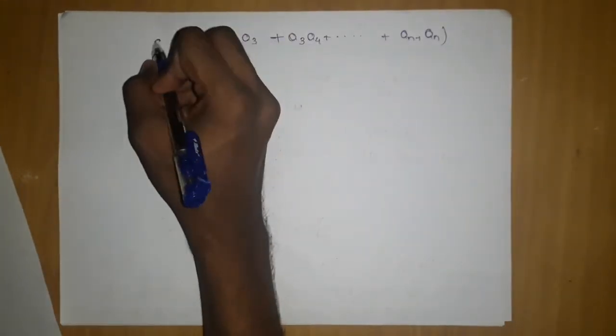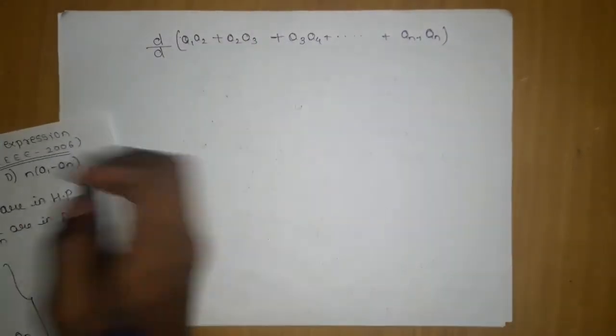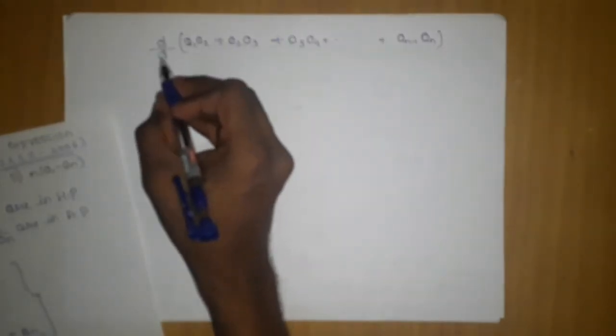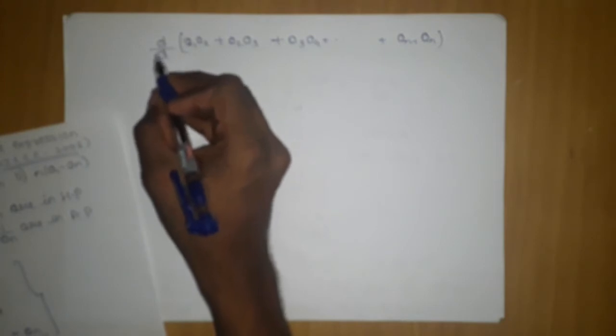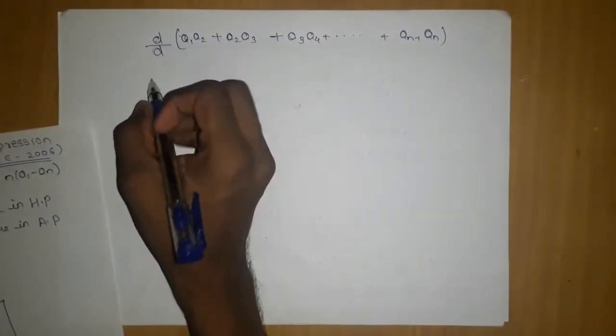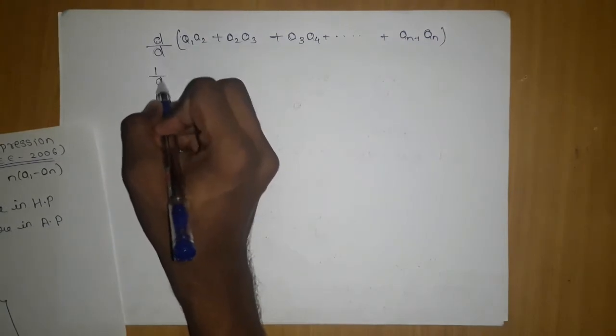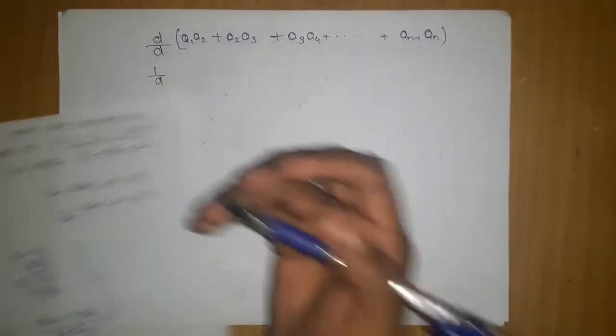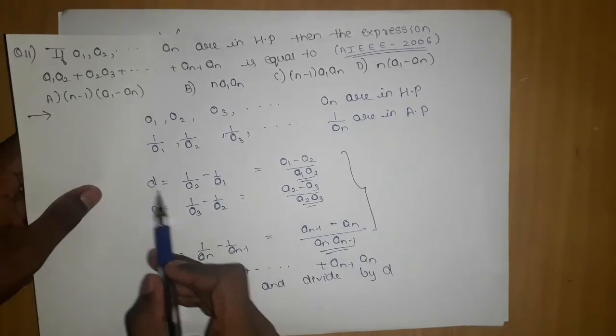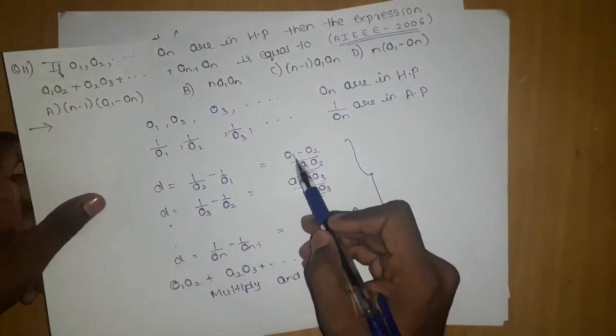Now if I multiply and divide by d, this d I will keep as it is, and this d I will multiply throughout. When I multiply this d with a1 into a2, I will consider the d value this.